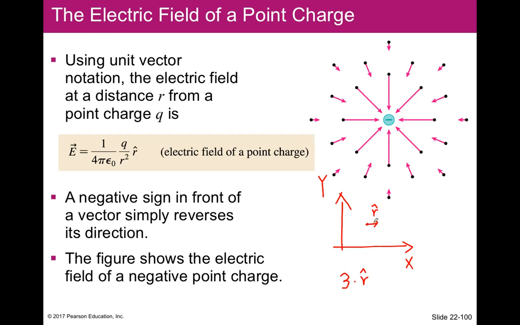The direction is defined to be along the unit vector. But if it's negative 3, that means the magnitude is 3, but the direction is against the unit vector. So negative or positive simply means you follow the direction or go against the direction of the unit vector.